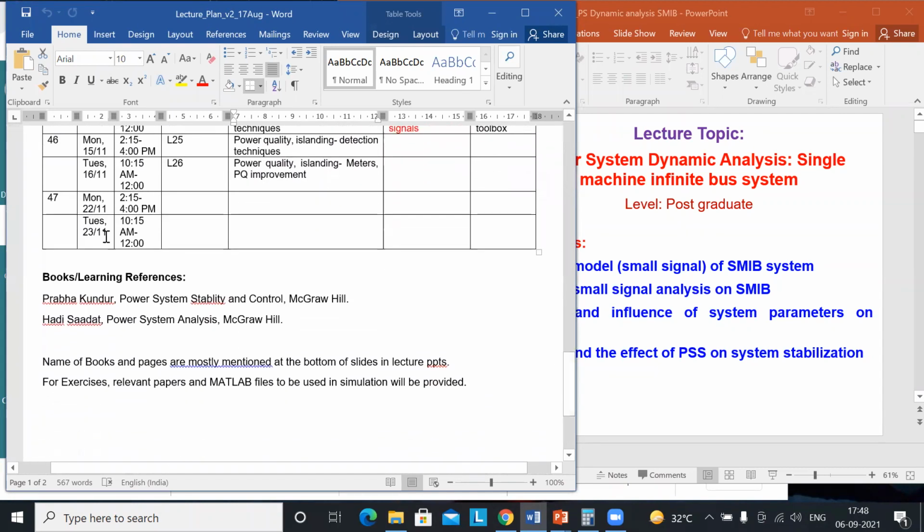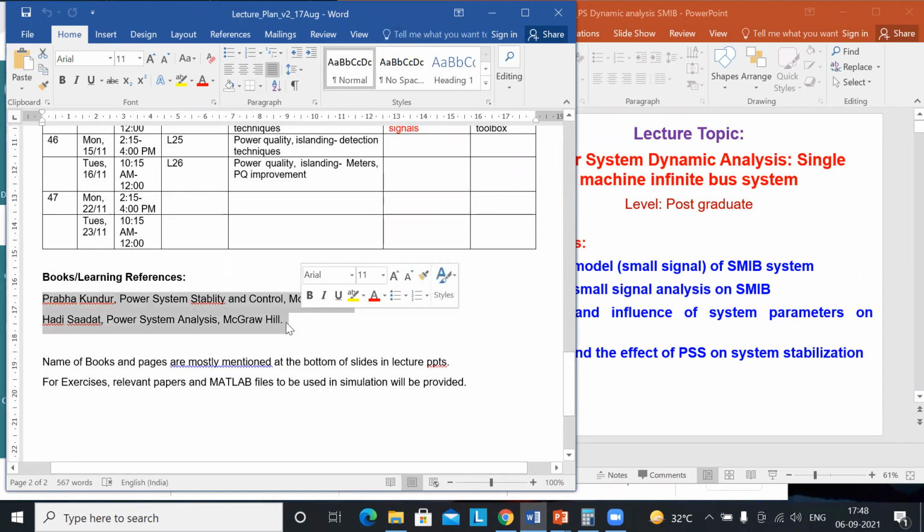Did you refer to this book here? Did you find it? A book? Yes, it will be required. Both books will be required for your study, because most of the contents will be from this book.